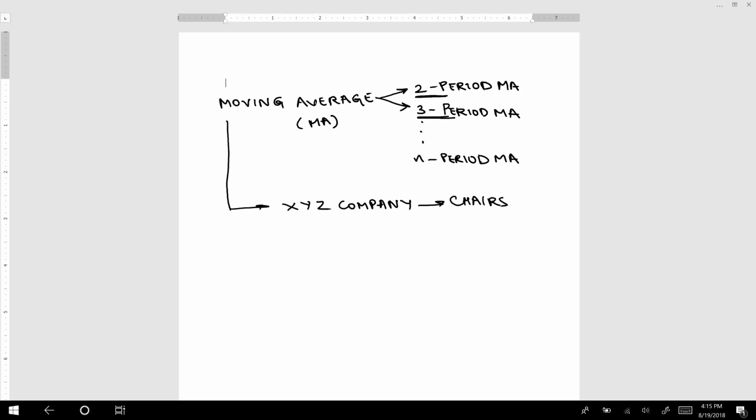Maybe we have data on Monday of a certain week, where the actual sales are 20 units.